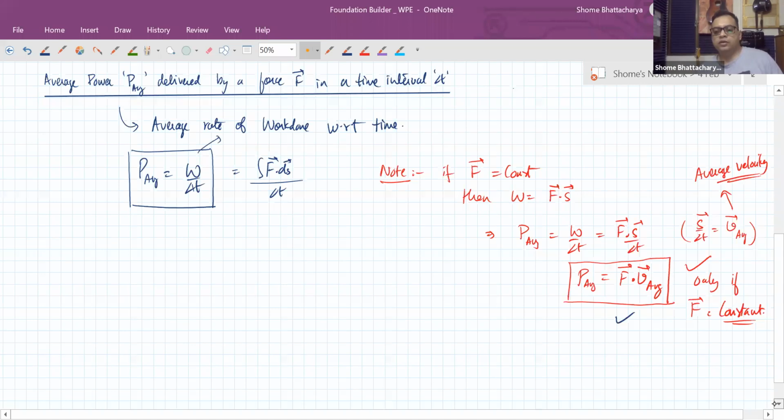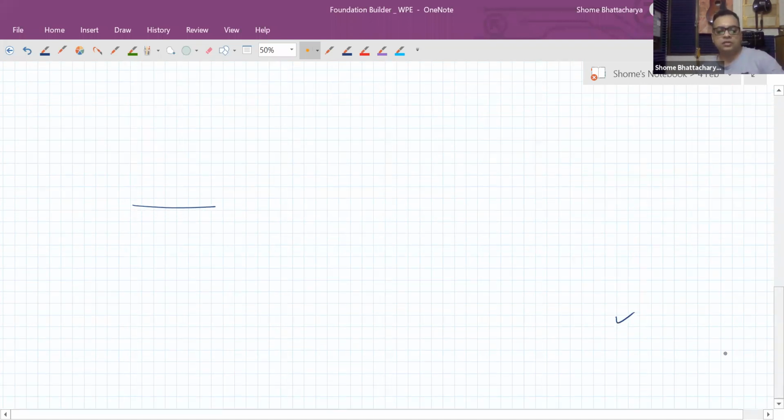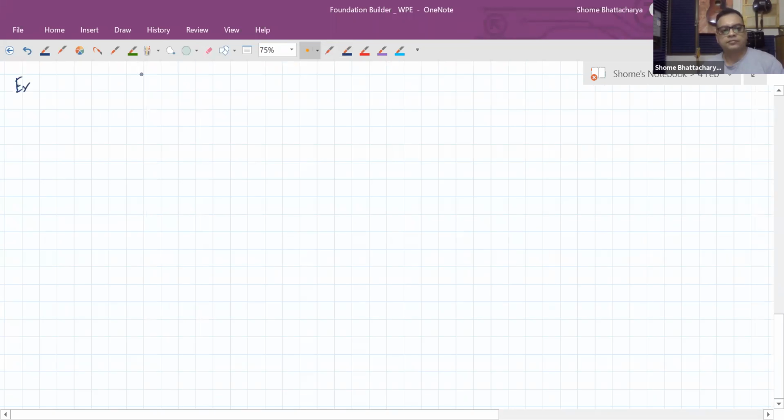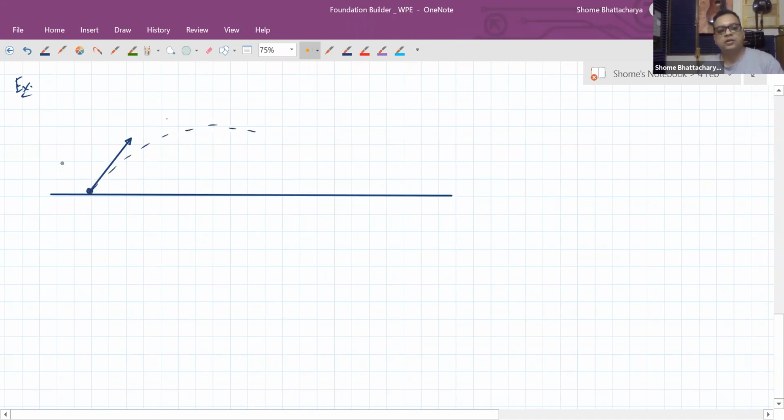Okay, so let's work out another quick question based on these. So this time we have this situation. We are firing a projectile, or a particle is fired into a projectile motion at t equal to 0.